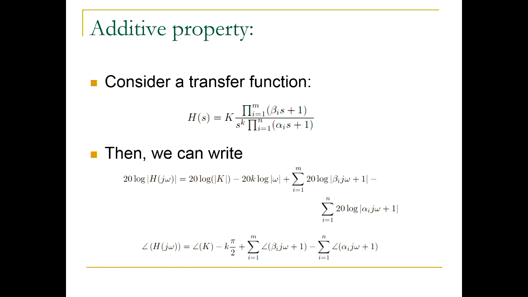So we need to understand the simplest Bode diagrams that you can come across. Then any other more complicated Bode diagram can be obtained by the additive property, by adding these things up, to obtain the Bode diagram of an arbitrary transfer function.